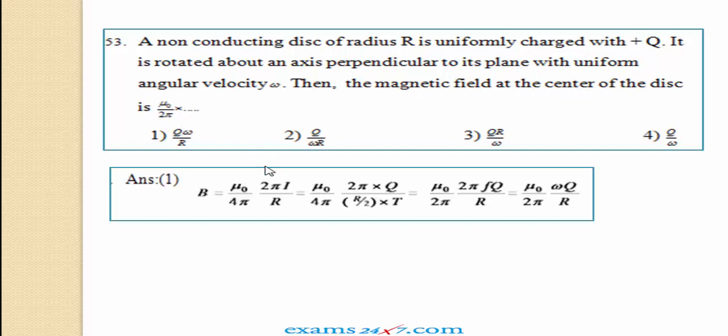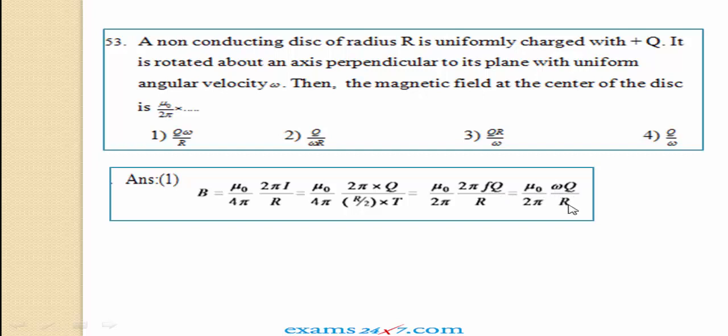Here we know B is equal to mu 0 by 4 pi into 2 pi I by R for a current loop. Therefore, B is equal to mu 0 by 4 pi into 2 pi into Q divided by 2 into T. Therefore, B is equal to mu 0 by 2 pi into 2 pi f Q by R equal to mu 0 by 2 pi into omega Q by R.